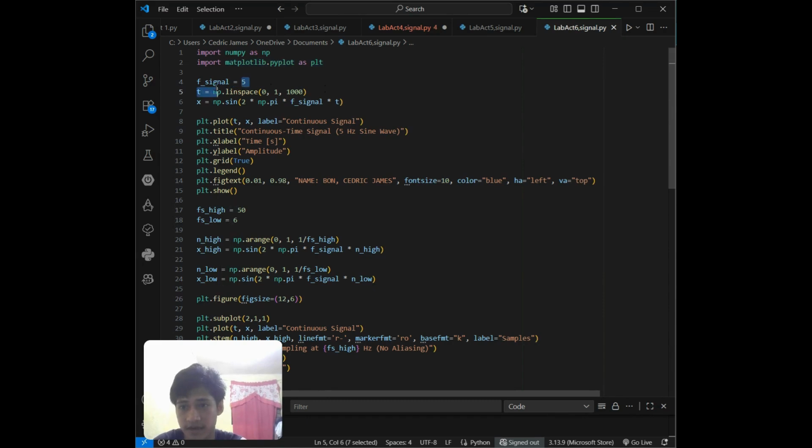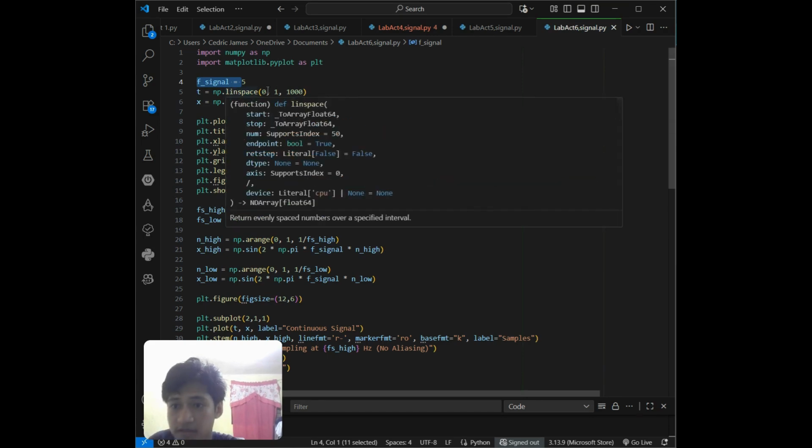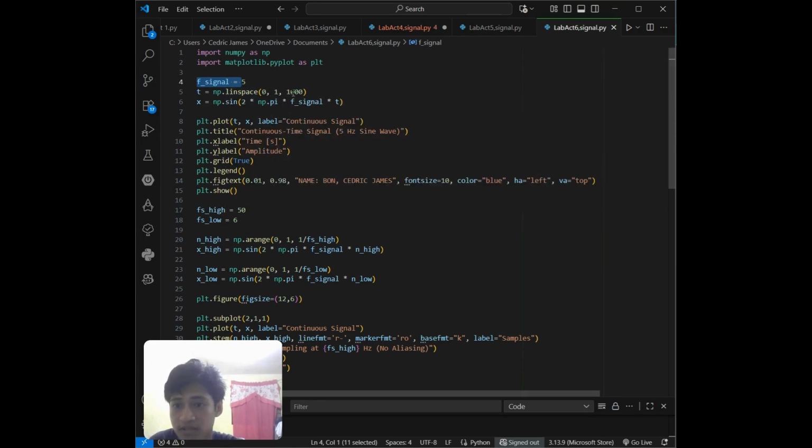So the next line: f_signal equals 5 and t equals np.linspace(0, 1, 1000), and x equals np.sin(2 times np.pi times f_signal times t). This sets the signal frequency to 5 Hz.